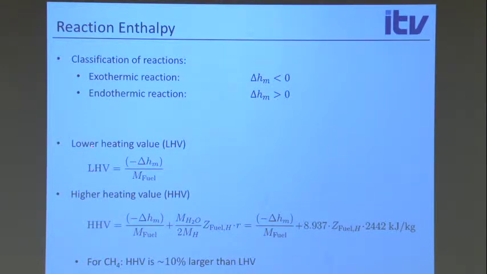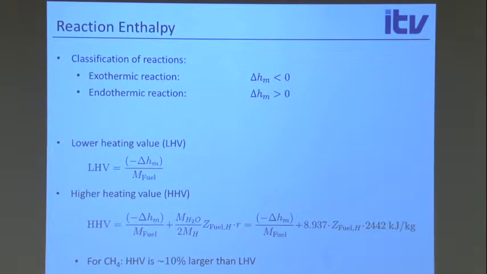And so we can define the lower heating value, which is nothing else than the reaction enthalpy, or the chemical energy that is freed during the reaction, divided by the molecular weight. So this is per unit mass, rather than this here, which is per unit mole. Okay, so this is the lower heating value.